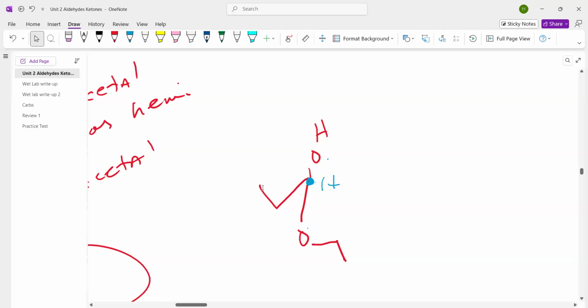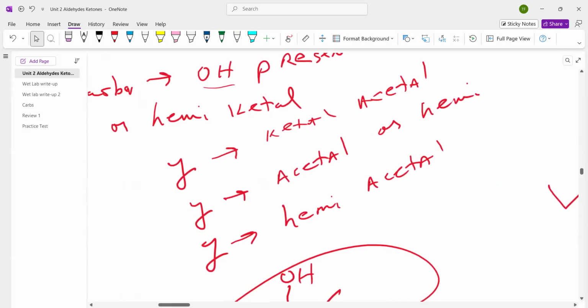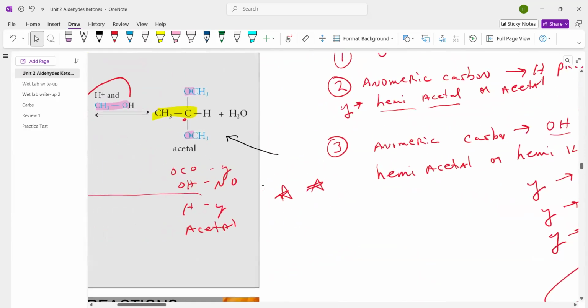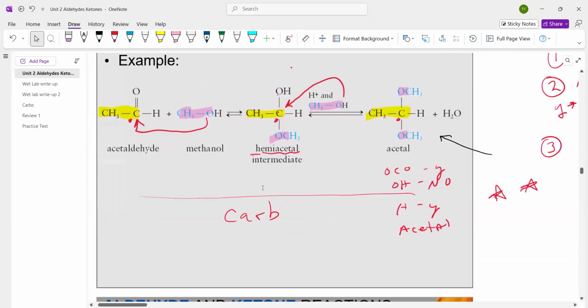Okay, so now here we're going to have 2 backbones. You're going to have a primary backbone and a secondary backbone. Okay, so in this case, we're starting with an aldehyde.